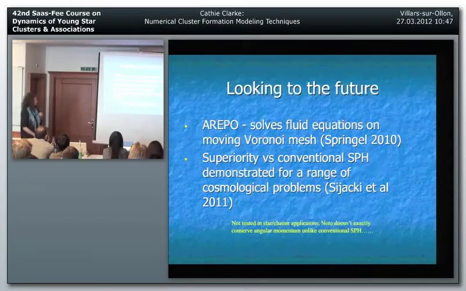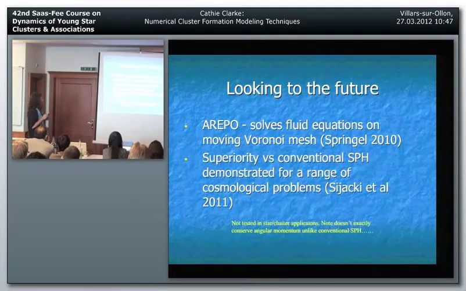This is reviewed in Springel 2010, and there's a series of papers by Sijacki which look at Arepo versus conventional SPH, particularly for cosmological simulations. They're testing it on problems which are very important for cosmologists, such as when you have halo substructure falling in through protogalactic disks, and whether the integrity of those clumps and lumps is preserved.